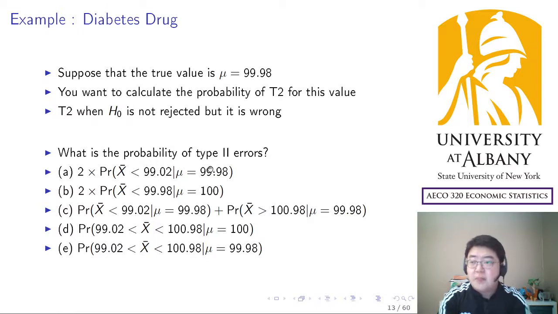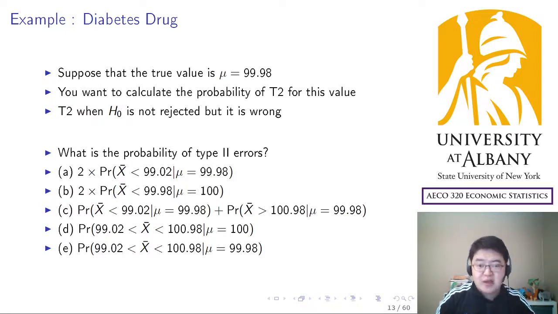Now, let's think about a different number. Suppose that the true value is actually 99.98. It is almost correct, but 0.02 milligram smaller than the standard. Then what is the type 2 error probability when the difference is 0.02 milligram?